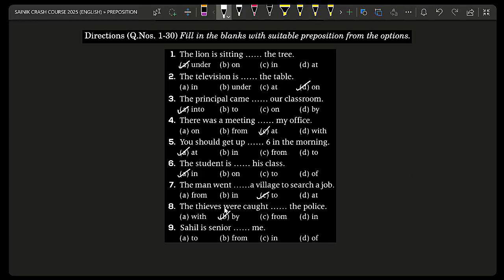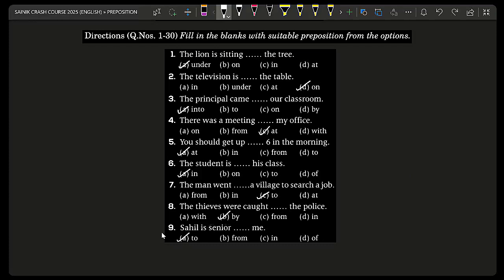Okay, next, ninth one. Sahil is sincere dash me. Not sincere, it is senior. Sahil is senior dash me. Bhuvana, you're not audible. Sir, to. Very good. Senior to me. As you read this as sincere, no? Okay, let us think this is sincere. Sahil is sincere dash me.